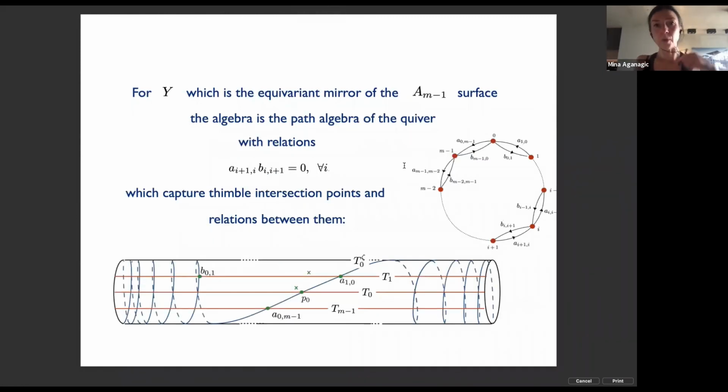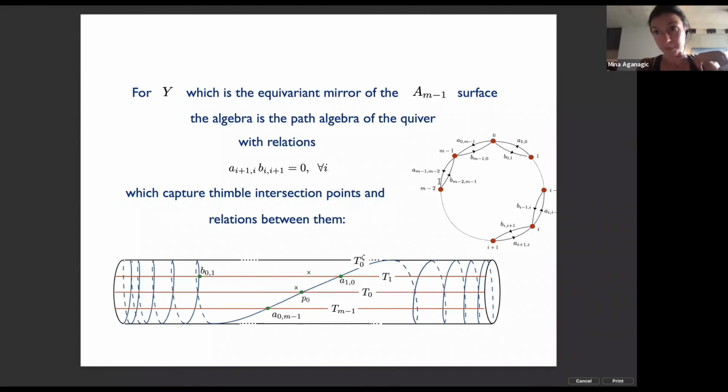So, for example, for Y, which is the equivariant mirror of the resolution of the A-1 surface, the algebra is simply a path algebra of the affine A-1 quiver with relations that are somewhat unfamiliar, where the paths on the quiver capture intersection points between the symbols.